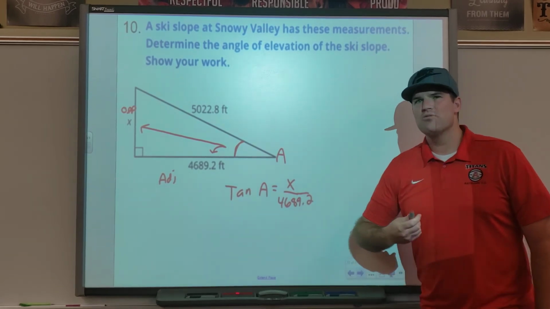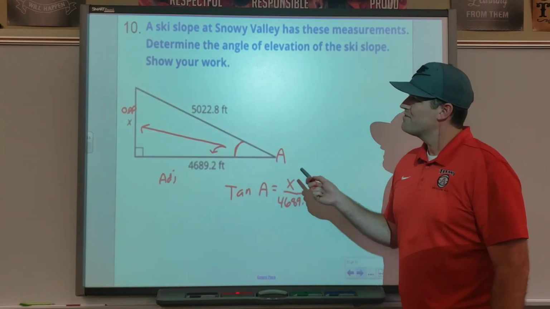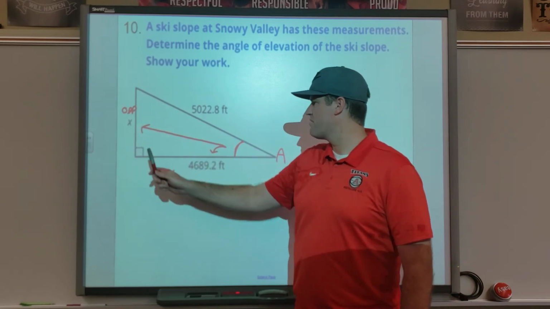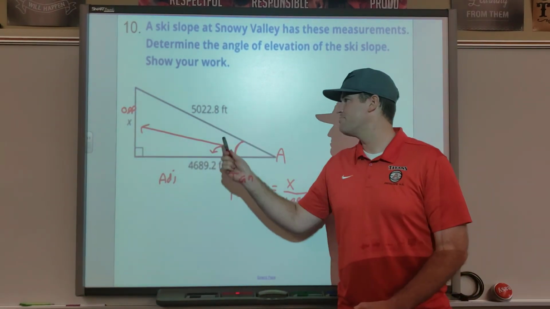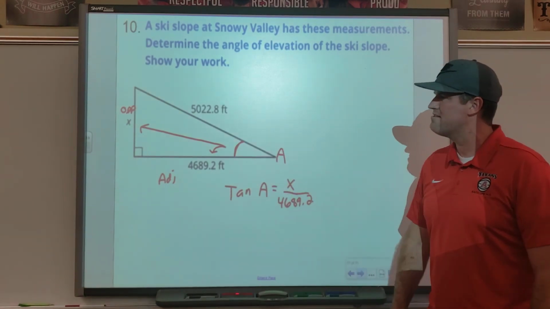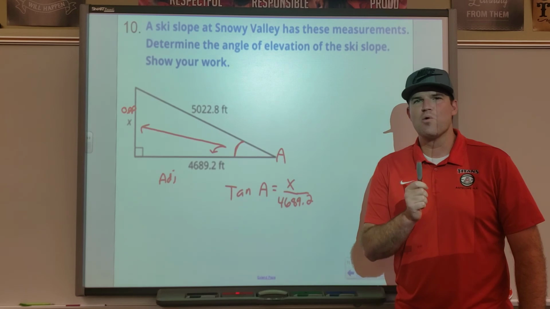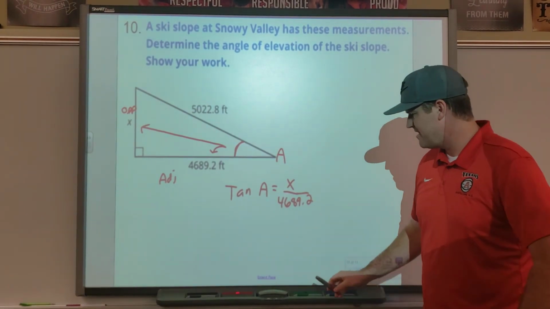Well, in order for me to use inverse tangent, I need to find what x is, right? And I might notice, okay, it's a right triangle, so I could do x squared plus this squared equals the hypotenuse squared and do all this math with these big crazy numbers just to get what x is. Or is there a simpler way?